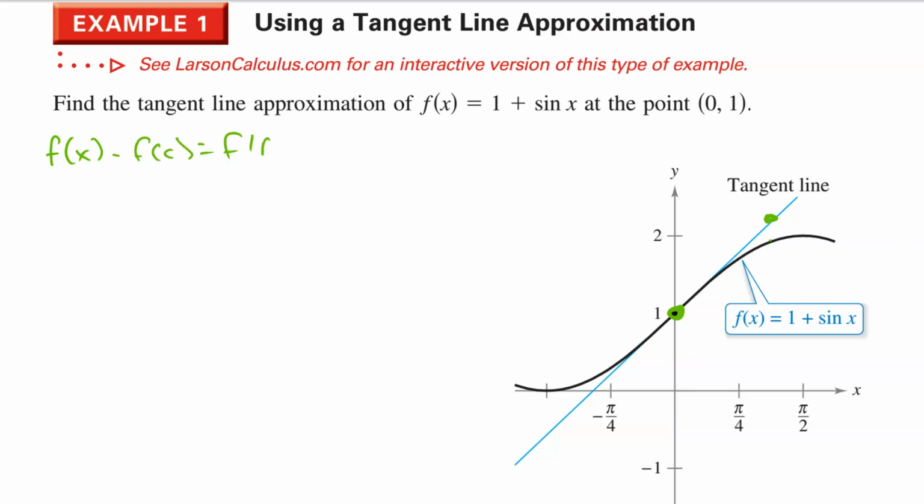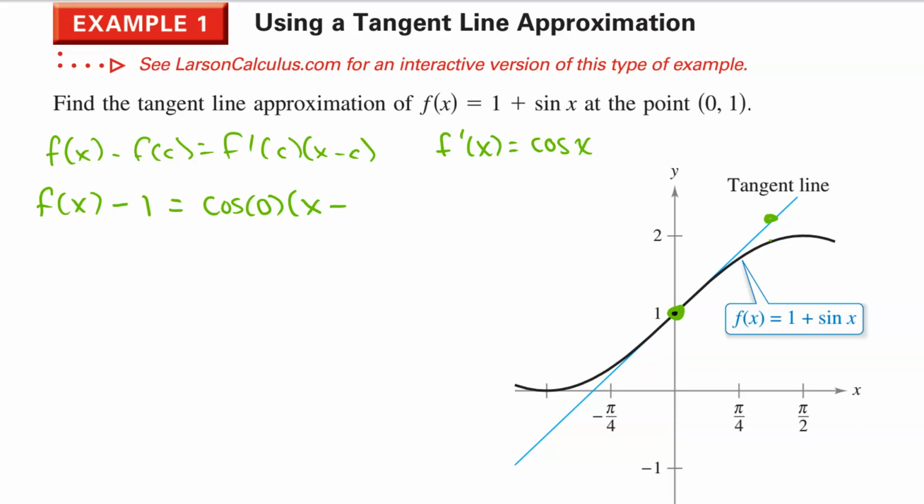So we've got f of x minus f of c equals f prime of c times x minus c. So that means we need to figure out what f prime of our function is. The derivative of 1 is 0, and the derivative of sine is cosine. So then we've got f of x minus our y value at that input, which is 1, equals our derivative at that point, cosine of x, which is 0, times x minus c, which is 0.